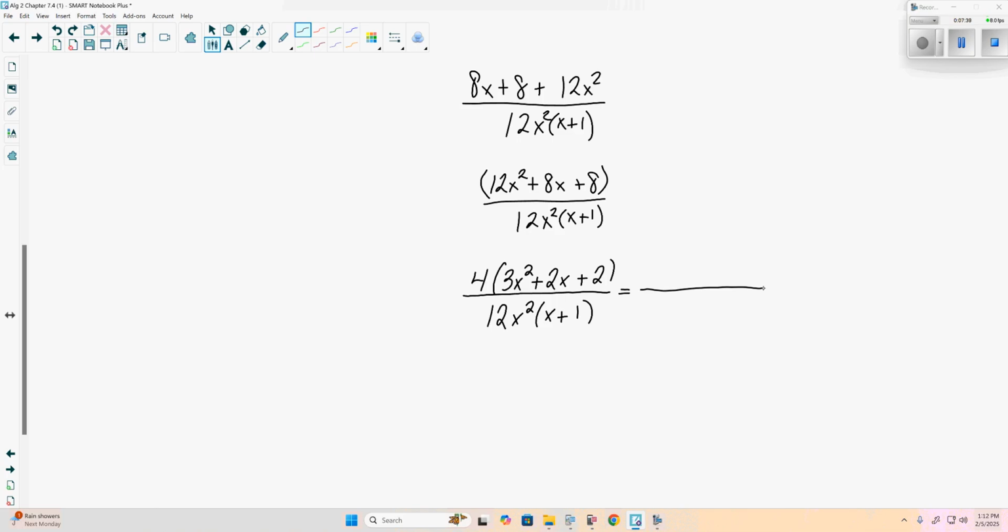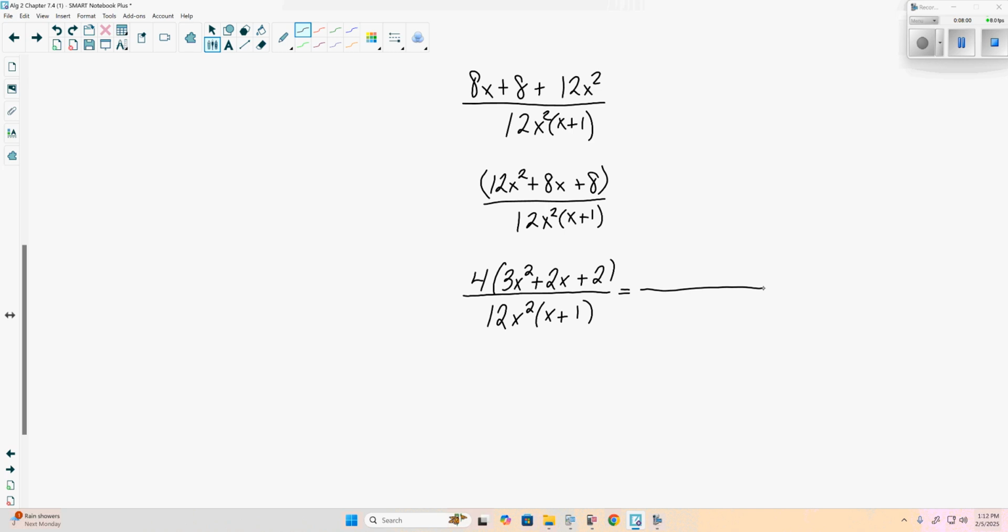The only way that it would factor in this form is if the 3x was either 5x or 7x. That's the only way it would actually factor. In this form, it doesn't factor. But let's look at the top there. The 4 is now being multiplied by that set of parentheses.